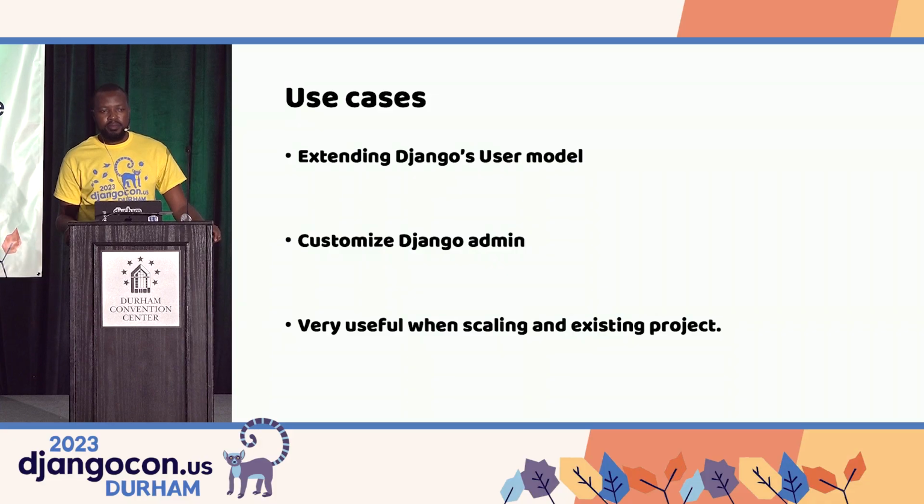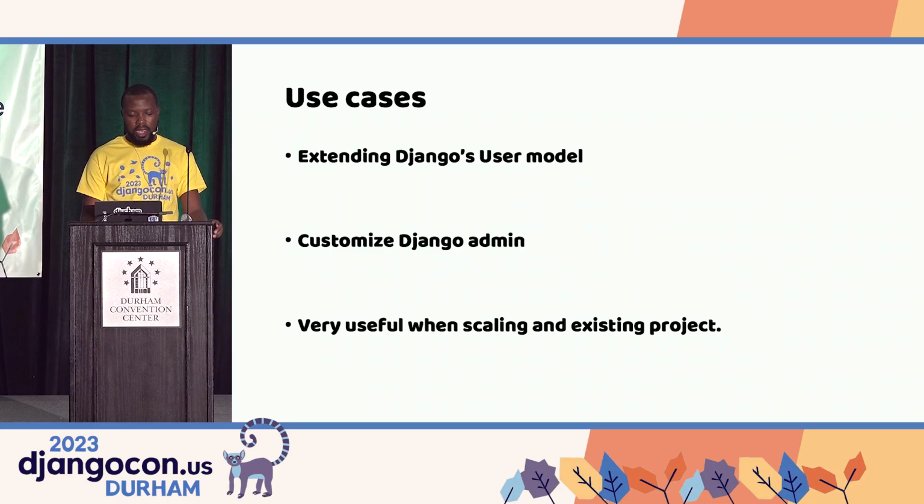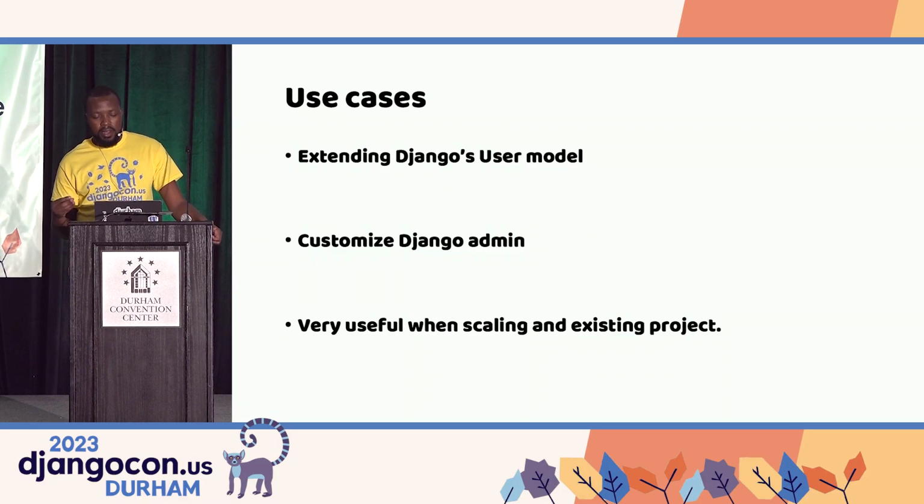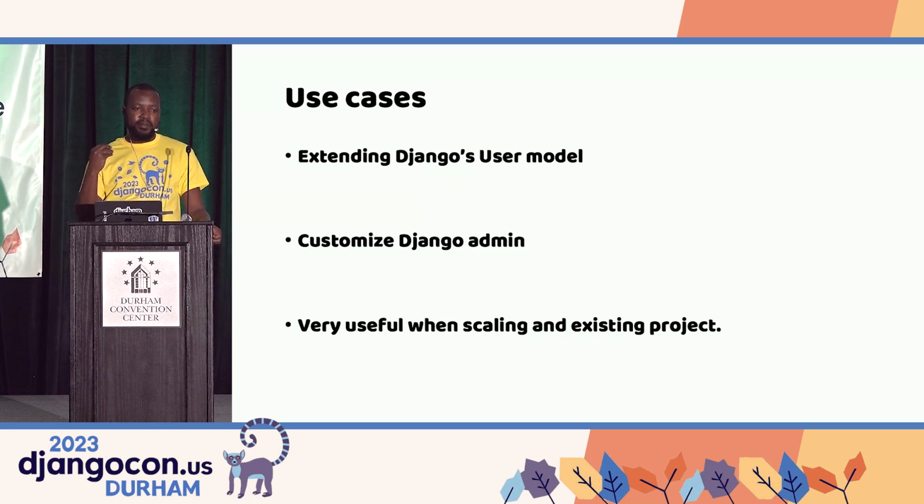I know Danny did a very cool tutorial around how you can customize your Django admin using proxy models. Then, like the example that we're mentioning now, it's very, very useful when you are using an existing table, but you don't really want to make another table. You just want to change the Pythonic behavior of it. So these are some of the use cases that you can use within your proxy model.